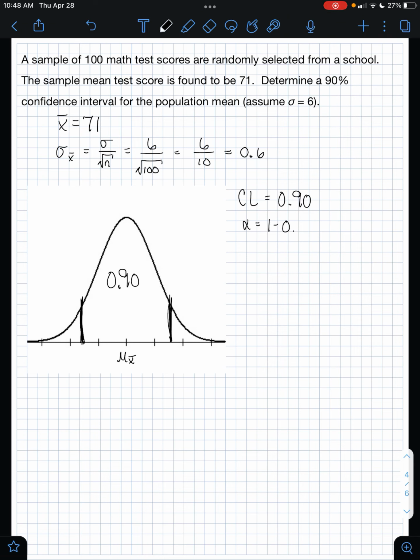Alpha then is the remaining 0.10 of area, the remaining 10% of the area. Split between the two tails gives us 0.05 as the area of each tail. And that will allow us to find the z-score that we need.